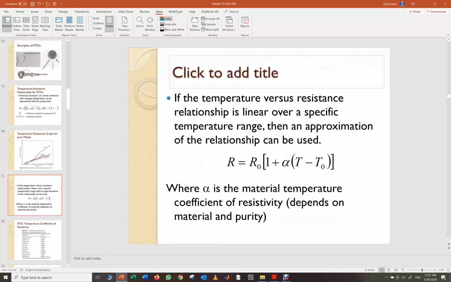If the temperature versus resistance relationship is linear, as we saw in copper and platinum, over a specified temperature range, then an approximation of the relationship can be used. So if the curve is linear, we can approximate the long equation by this short equation: R is equal to R0 [1 + alpha (T - T0)], and R0 is the resistance measured at T0.